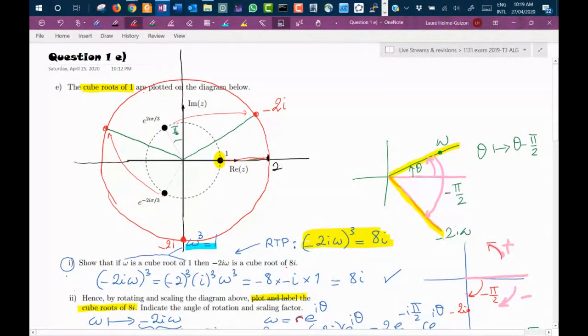Because really, once you explain the scaling factor, you did the geometry, 2i pi on 3, right? And so this one would be minus 2i exponential of minus 2i pi on 3. If you label it this way, it's clear which root went where when you move things, right?